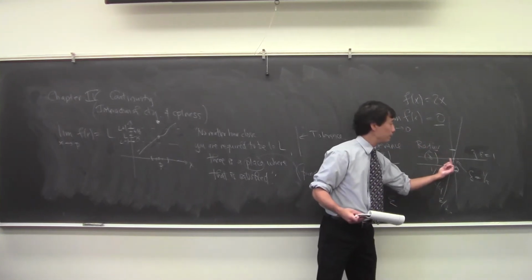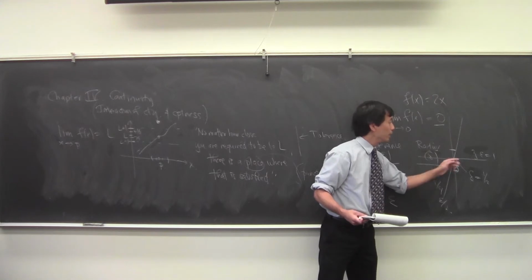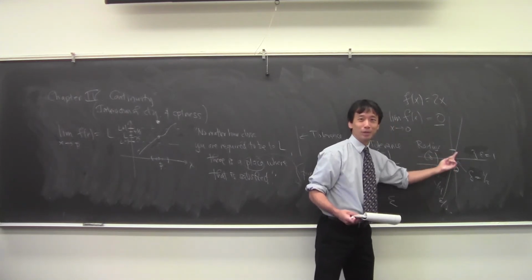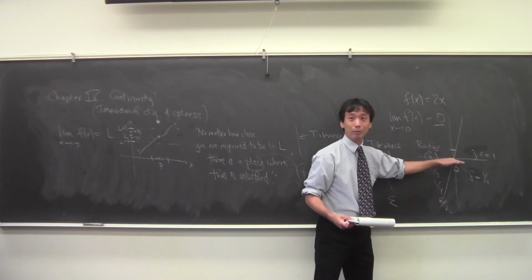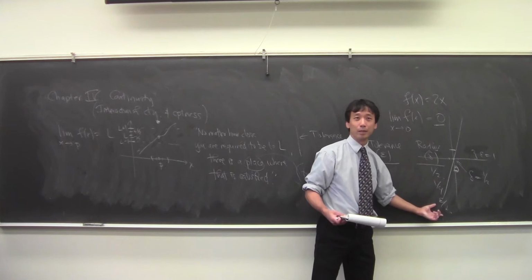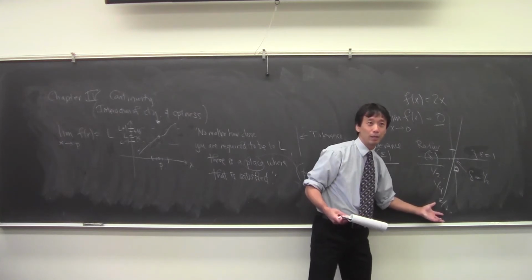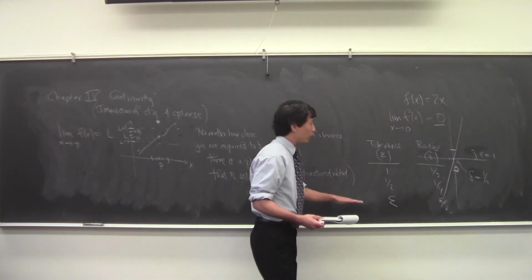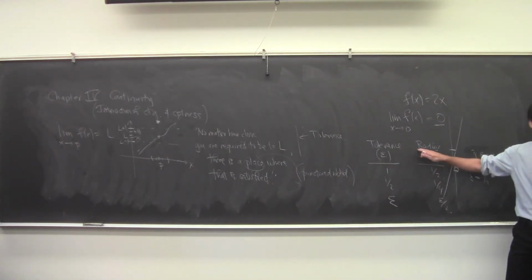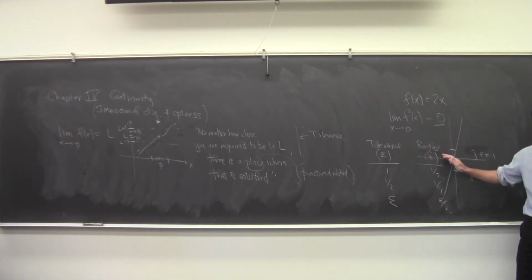As long as you stay within epsilon over 2 of this guy, because the speed of this boat is 2, it's not going to travel more than epsilon distance in epsilon over 2 time. Everybody okay? So what you see is that no matter what tolerance is given, there's a radius in which that tolerance is satisfied.